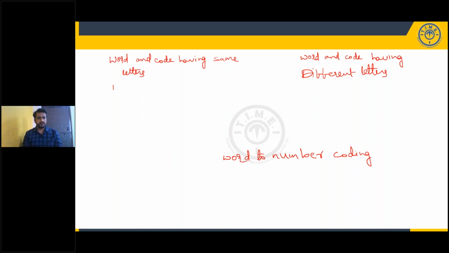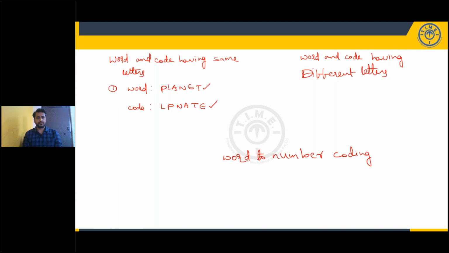In this model, you will be given one word and a code to identify the logic. But the specialty of this question is that the letters present in the word and the letters present in the code will be the same.